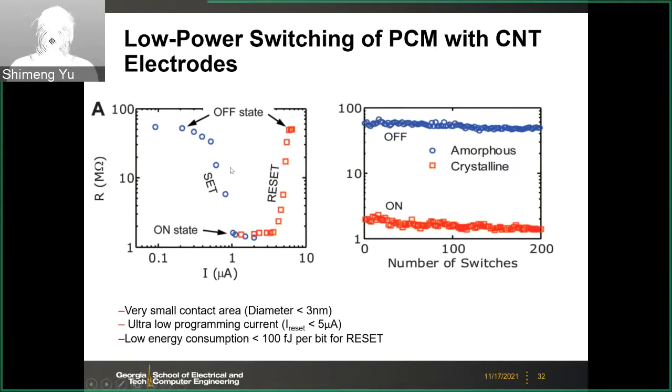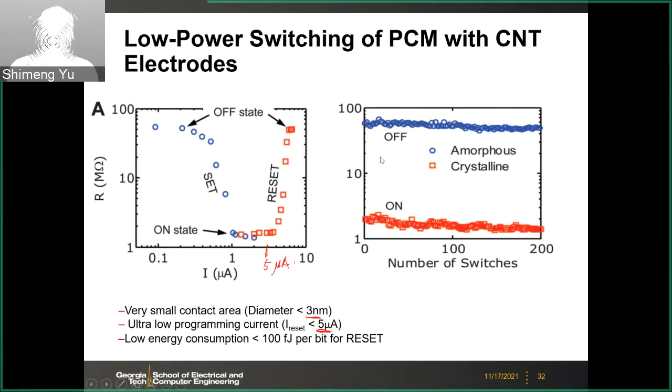So here we show the programming curve, and with this carbon nanotube electrode, typically the reset current will be below 5 microamp, and the diameter of the carbon nanotube is less than 3 nanometer.